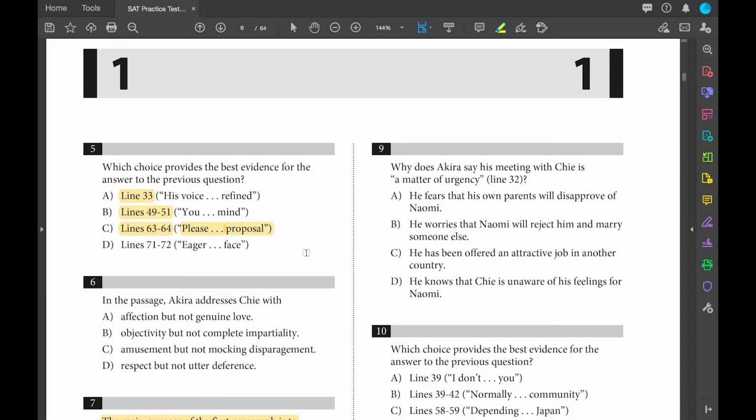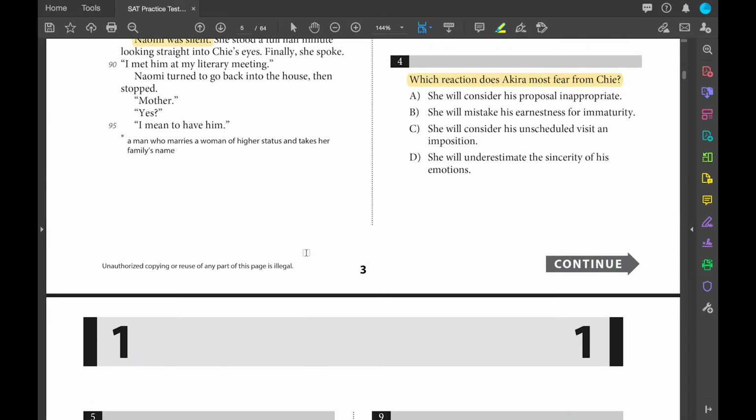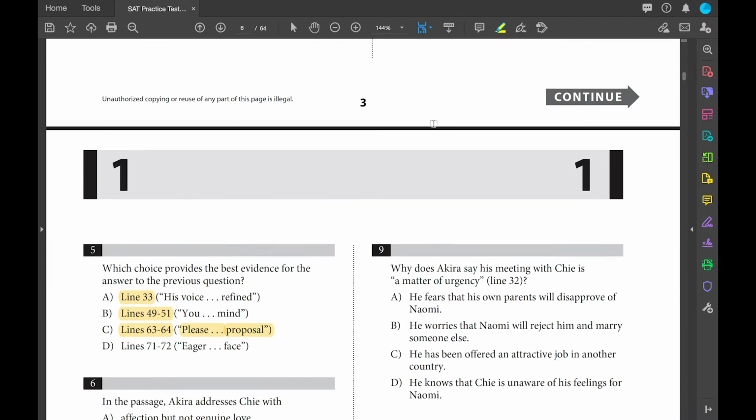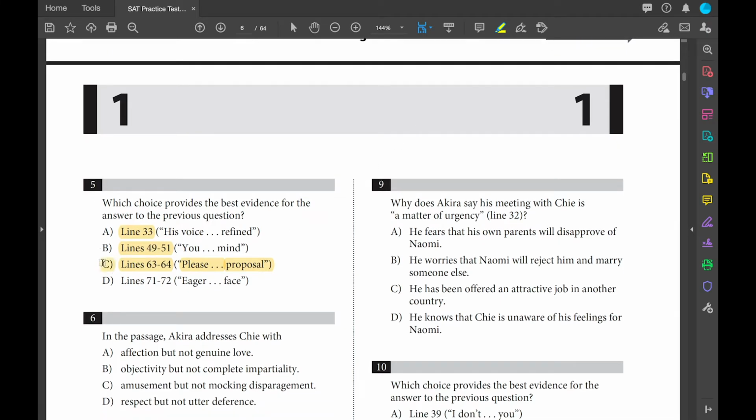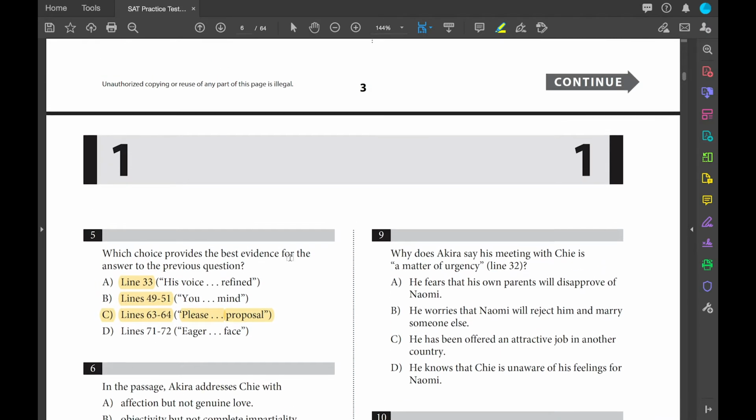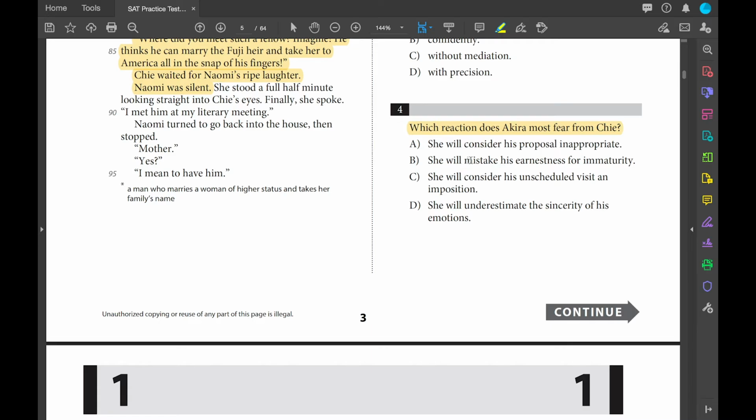Please don't judge my candidacy by the unseemliness of this proposal. Which reaction does Akira most fear from Chiya? Well, that she's going to judge him on the unseemliness. So then we know it's C here. We can check out D, but it doesn't work. So we know it's C. And then the reaction is that unseemliness and that judging of the proposal.